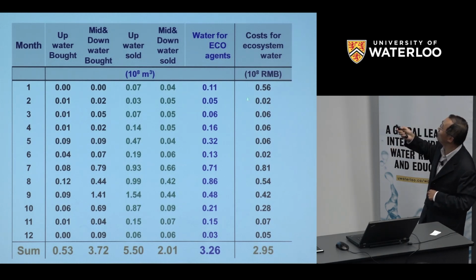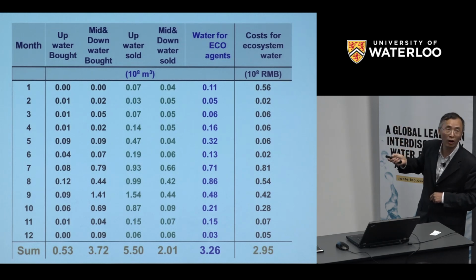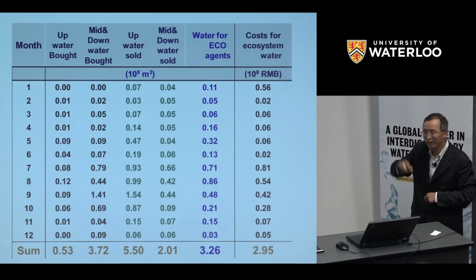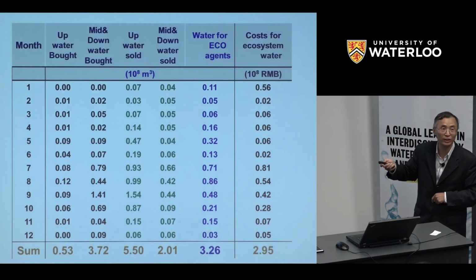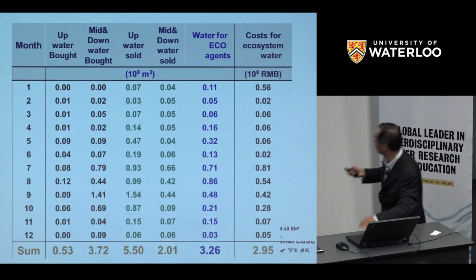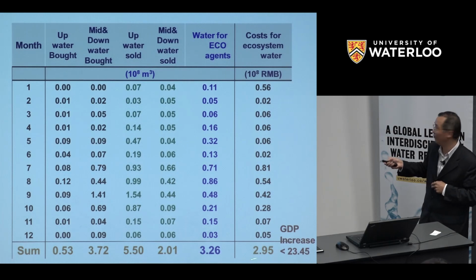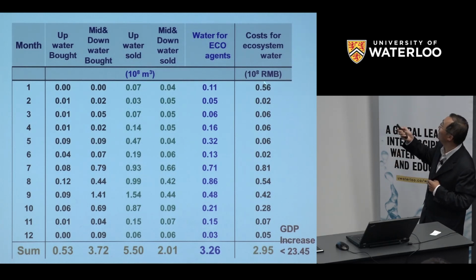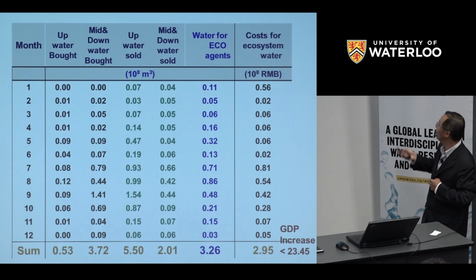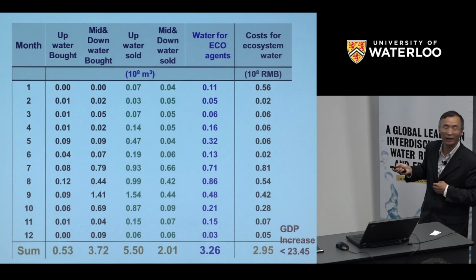Because we determined the price for each agent, we could calculate the cost to maintain a certain amount of water for the ecosystems downstream. The total number here is 2.95 million renminbi. This is 100 million renminbi. This number is acceptable because, compared to what we're doing now, it is much less than the increased GDP.